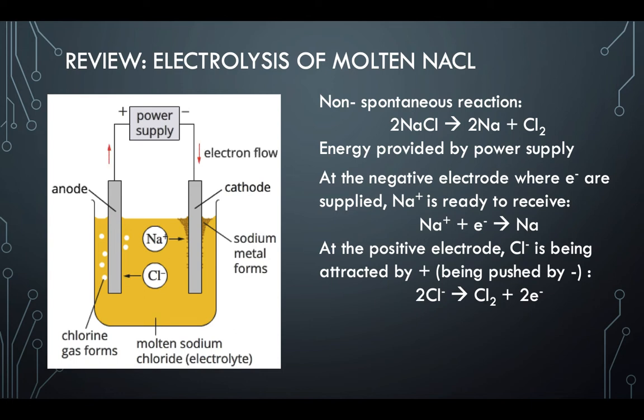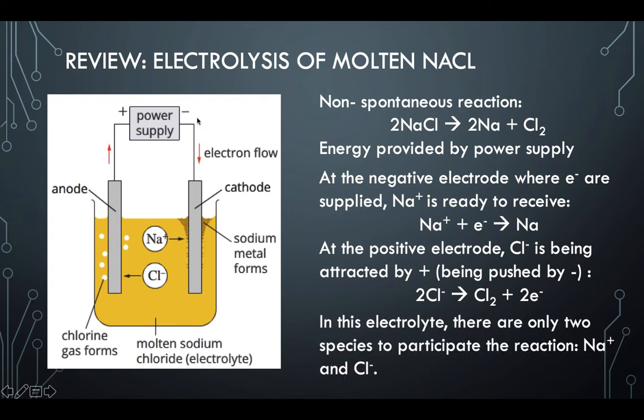So your electrons flow from the negative end of the power supply, go to the cell, and come back to the positive end. And in this case, when we are electrolyzing molten sodium chloride, there are only two species to participate in the reaction. That is sodium and chloride ions.